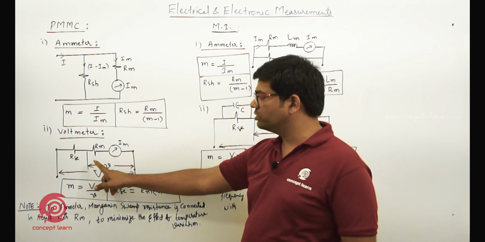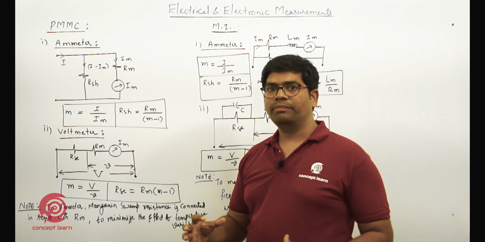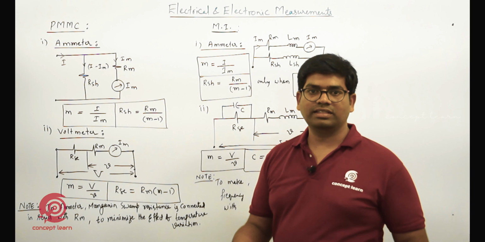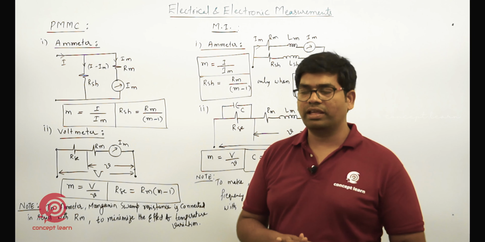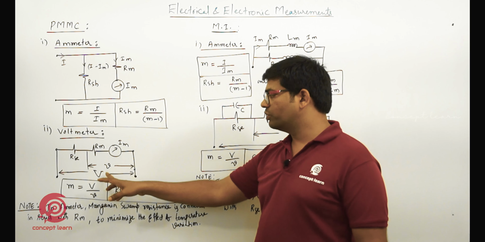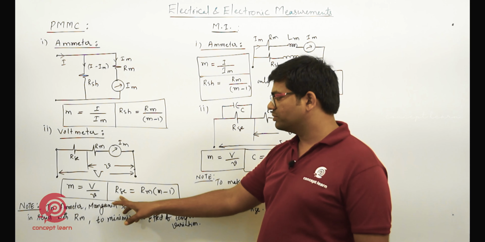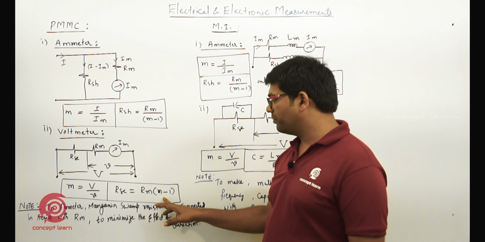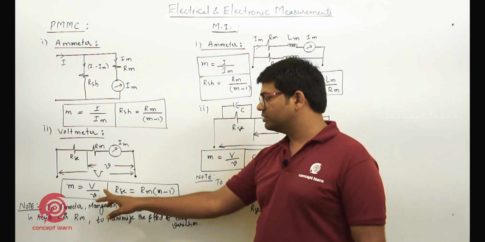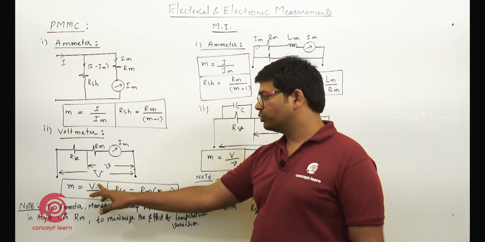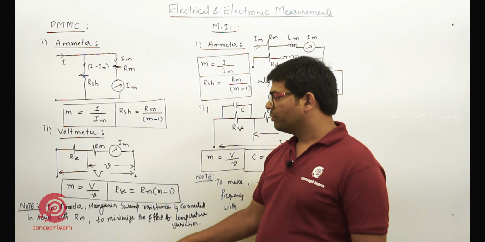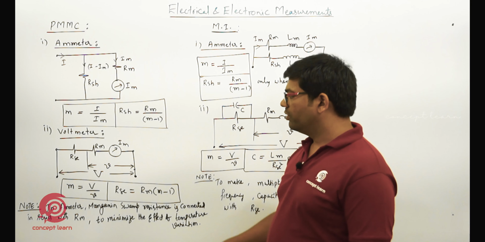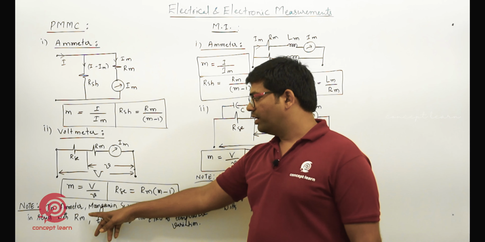Next, when it comes to the voltmeter, definitely we should have a series resistance. Basically, a high series resistance we should place to increase the range of the voltmeter. Series resistance is Rm into M minus 1, where M is V by v, the voltage to be measured by the voltage of the particular meter. But what is the difference compared to that?